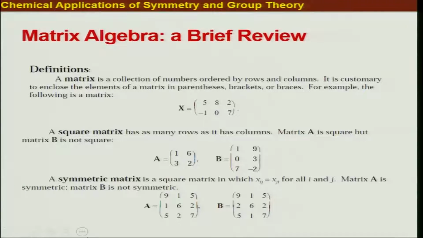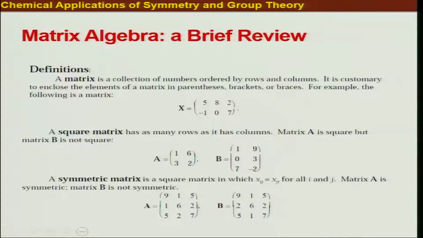First we will deal with certain definitions. In the first place, we have to know what a matrix is. If you look at your screen, the definition of a matrix is given there, which says that a matrix is a collection of numbers ordered by rows and columns.